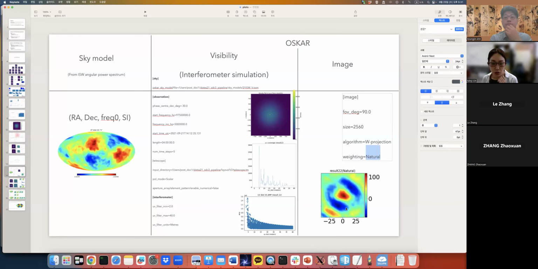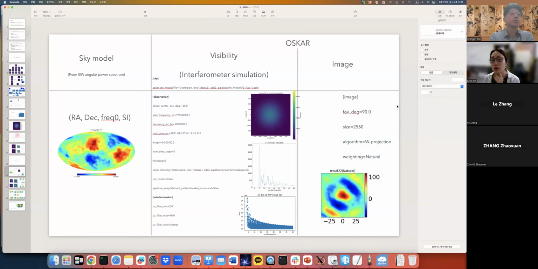And this is how it looked. Can I go through this once again? Sure. On the sky model, we thought that because the Milky Way is just too strong, as a start we would input the ISW only.